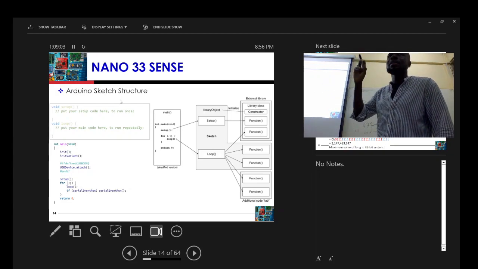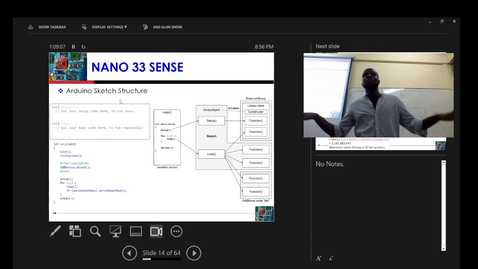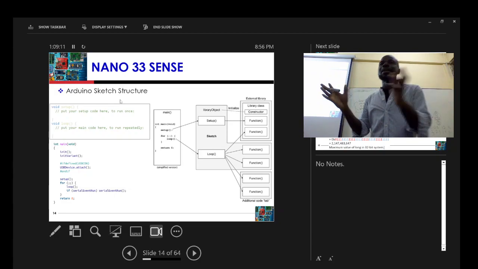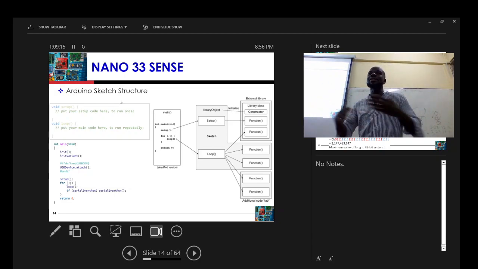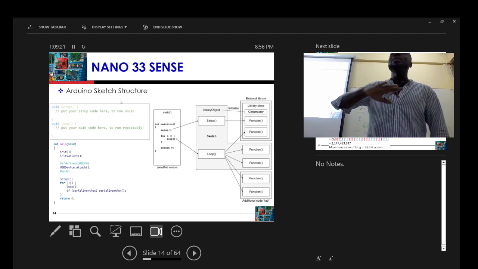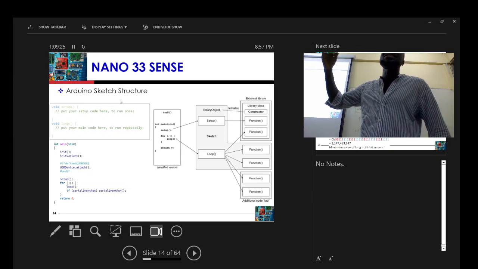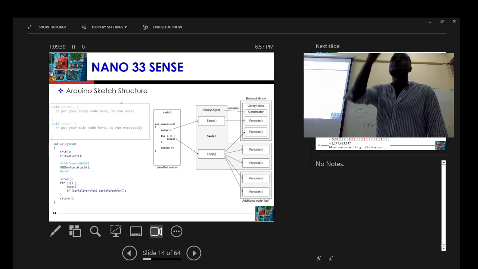Now, as I said, the Arduino deals with just libraries, right? So that's why it makes it very easy to use. Once you know what library to use, it becomes so easy. If you don't know the library to use, that's where it becomes tricky for you. So in the setup function, the Arduino calls some kind of setup libraries. And then in the loop function is what you are writing.